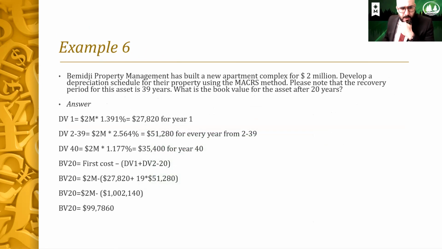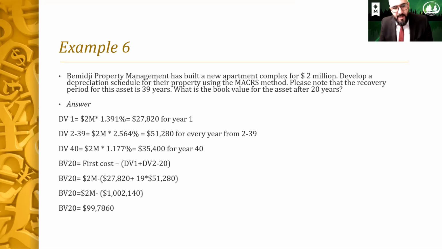In years 2 to 39 it would be 2 million times 2.56%, which basically says the value of this asset will be reduced by 51,280 every year from year 2 to 39. The last year, which is year 40, the asset will be reduced by 2 million times 1.17. The value of the asset is reduced by 35,400 for year 40.